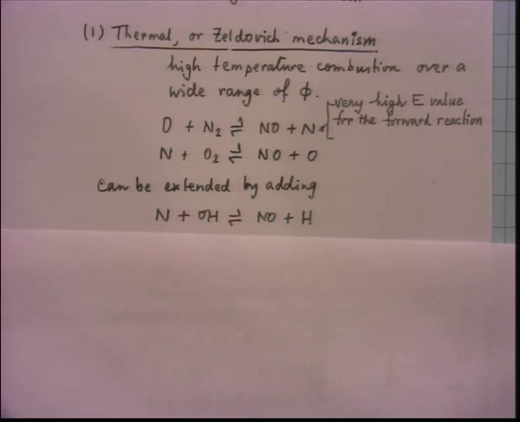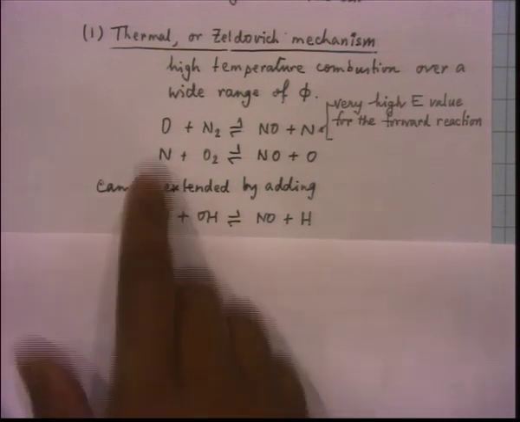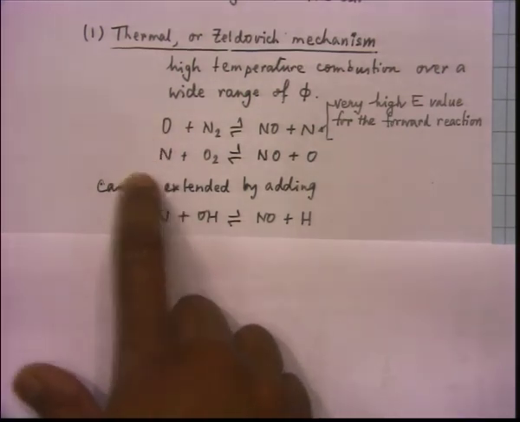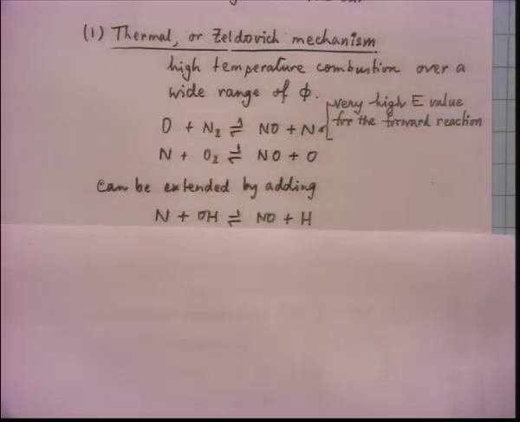So, remember the analysis that we did, I was just trying to illustrate that you can apply the steady state approximation for a real system, and you can write a rate of reaction in global terms. We wrote an expression for d/dt of NO. We did all that. To illustrate that, I wrote these two reactions, but only the forward reaction rate.